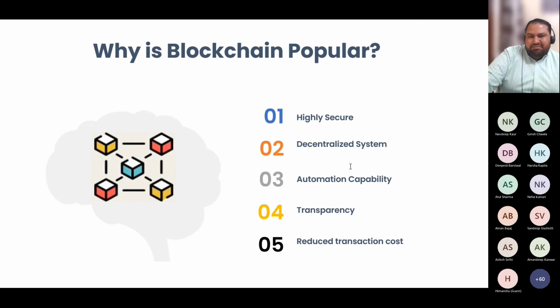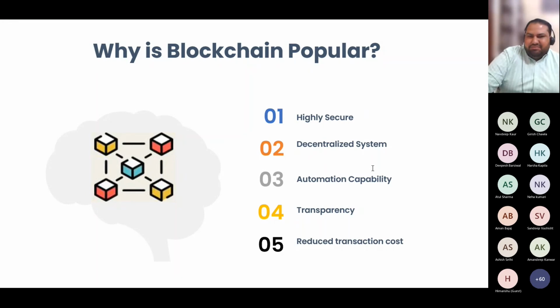Take an example: you have to perform a transaction using your bank account, and your bank has been shut down for 4 or 5 days due to holidays, so you are not able to perform your transaction for those days because you are dependent on the bank, the central agency that has all the control. But in case of blockchain, which is decentralized and available 24/7, this kind of problem will not occur.